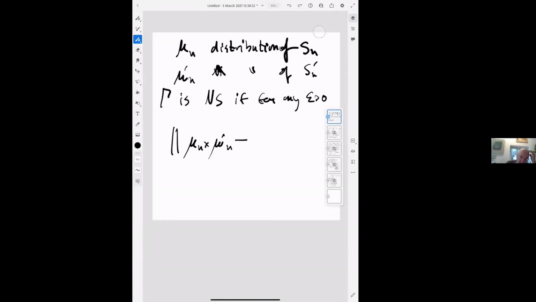So let's have Yn and Zn, two independent random walks, just like the previous one, and we have mu of Yn times mu of Zn. And we want to say that this, as n goes to infinity, goes to 0.